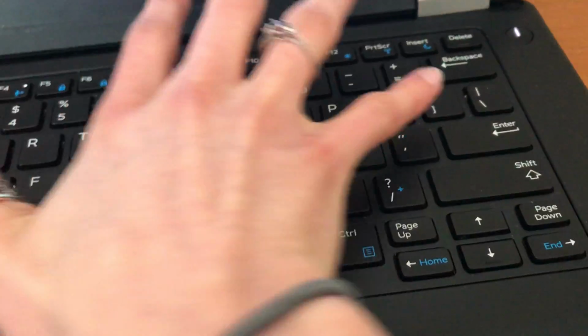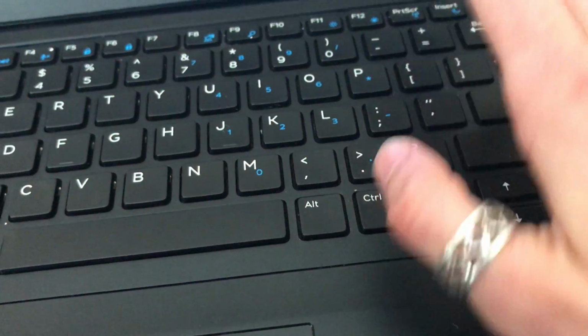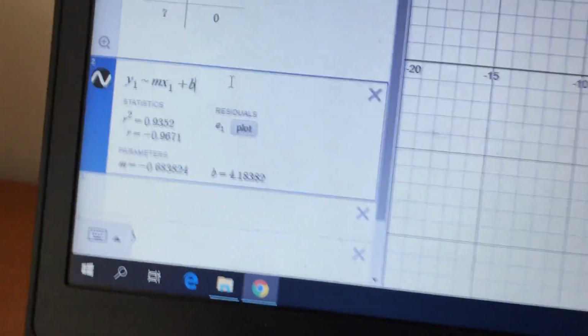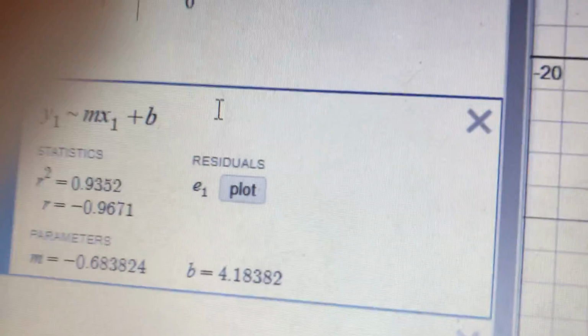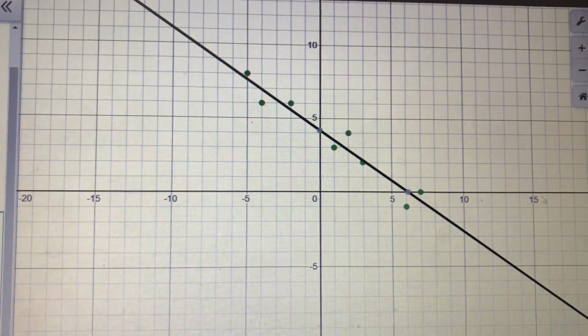Okay, I messed up my line. Hang on. There we go. I've typed in Y1 is approximately equal to M X1 plus B. And what this is going to do is draw us a line over here.